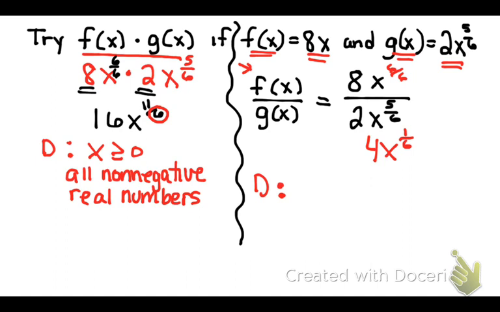So we have an even root. So that tells us x is greater than or equal to 0, but it's in the denominator. So if it's in the denominator, it cannot be equal to 0. So it has to be x is greater than 0. So that would be all positive real numbers.